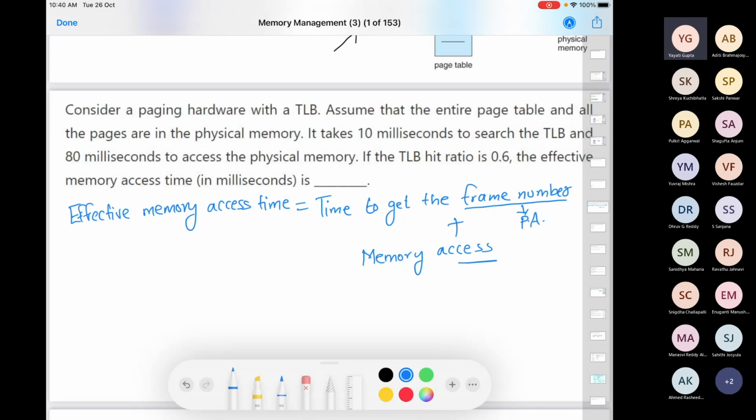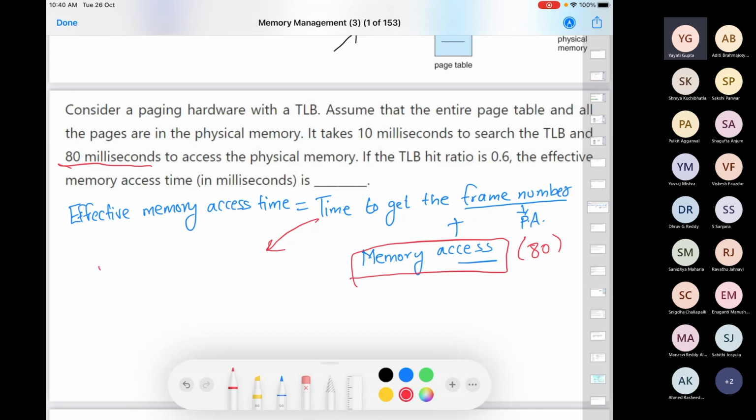So what is this value? Oh, this part is straightforward, right? Memory access takes you 80 milliseconds. So this one is 80. What about this one? On an average, how much time will it take for you to fetch the frame number? 38.